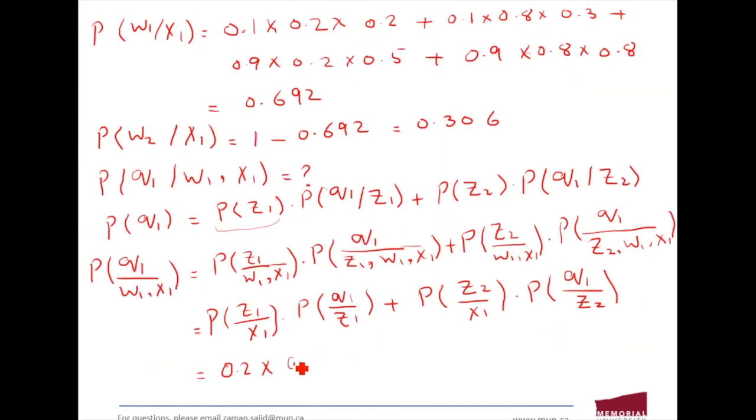So it will be 0.75 plus this is Z2 over X1. So this means it will be 1 minus the Z1 given that X1, which is 0.2. 1 minus 0.2 multiplied by the probability of the Q1 given that Z2.